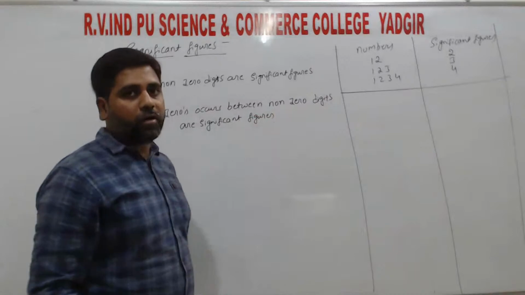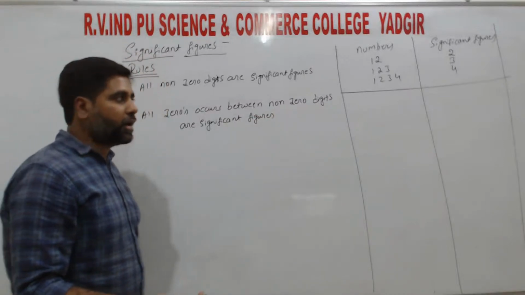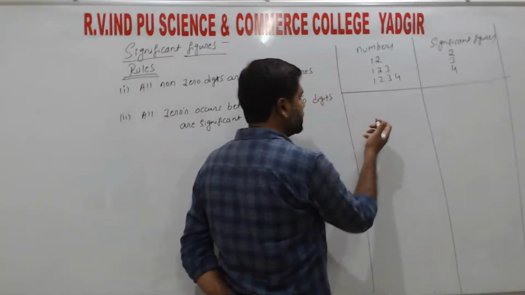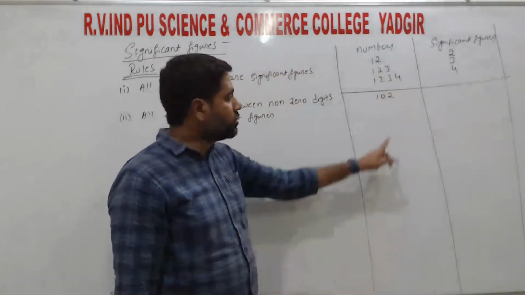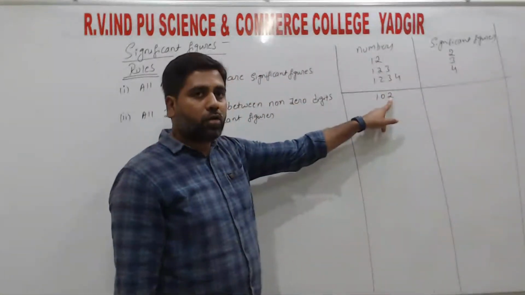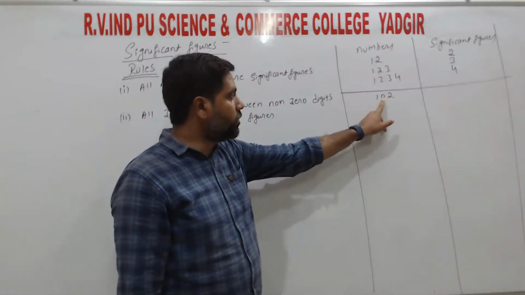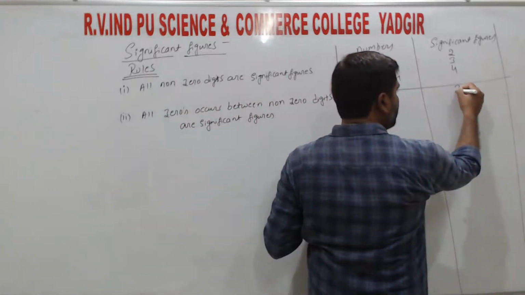If a zero comes in the middle of two digits, we consider it also as a significant figure, that means that is also considered one digit, right? So for example 102, so 0 occurs between two non-zero digits. One is non-zero, two is non-zero, so 0 lies between two non-zero numbers or digits. So significant figures is 3.